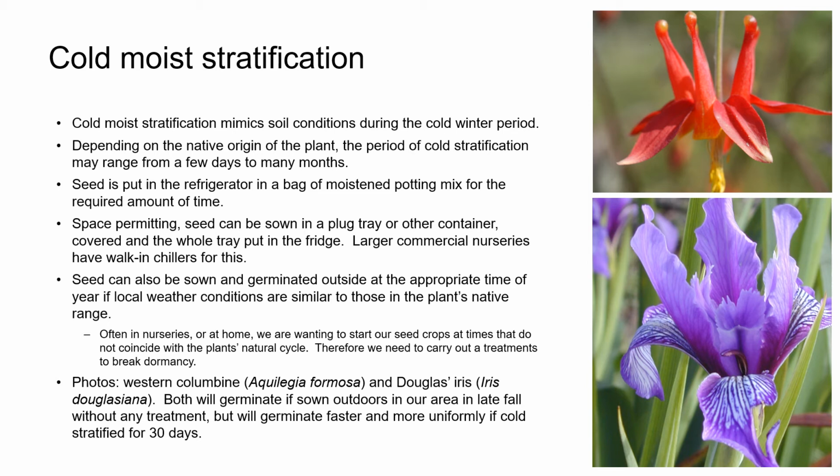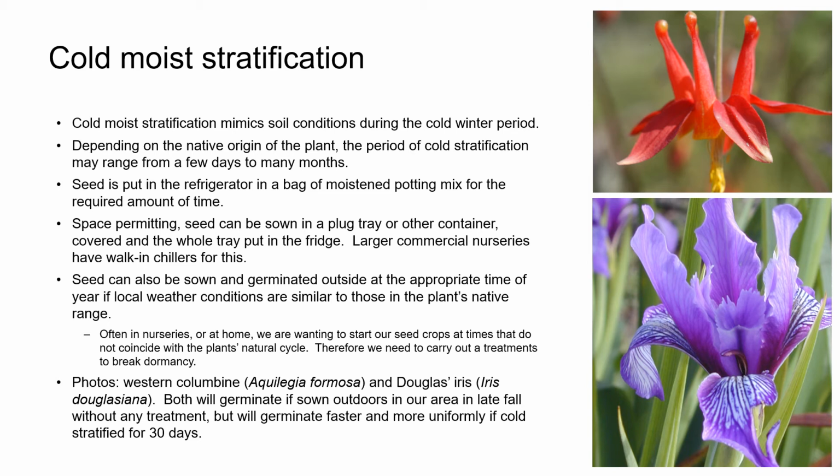We can also sow seed and germinate it outside at the appropriate time of year if our local weather conditions are similar to those in the plant's native range. In a nursery, though, we're often wanting to sow seed outside of its normal cycle. So that's why techniques for breaking dormancy are so useful. We want the seed to germinate at our convenience, not when it's convenient for the plant.